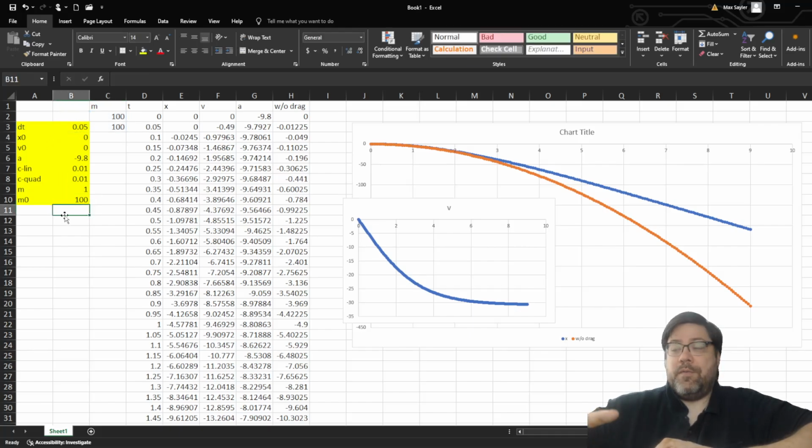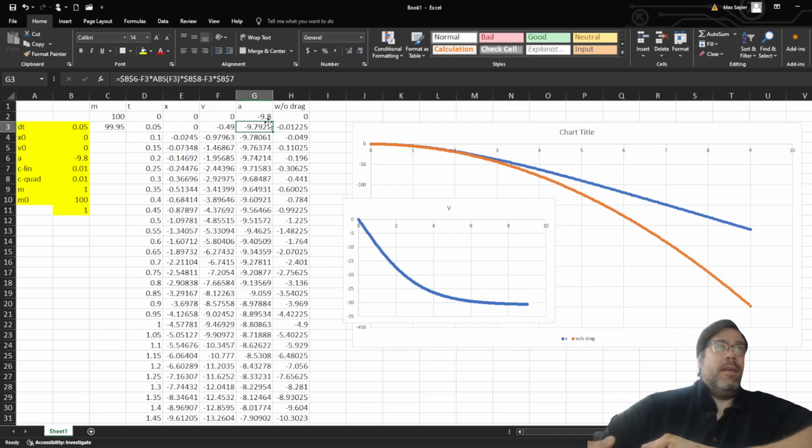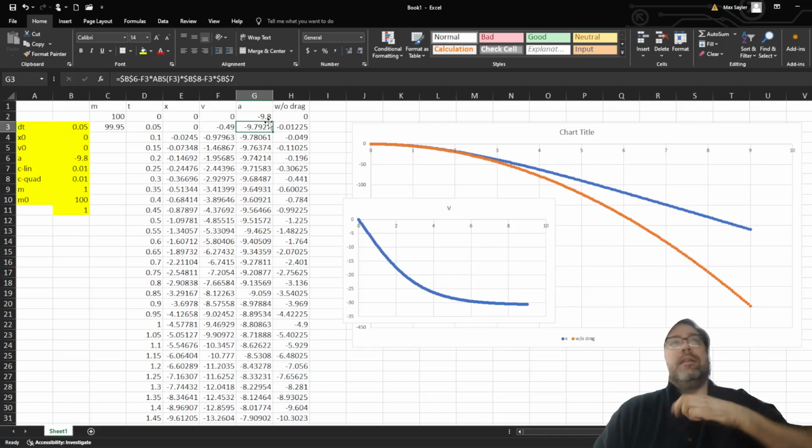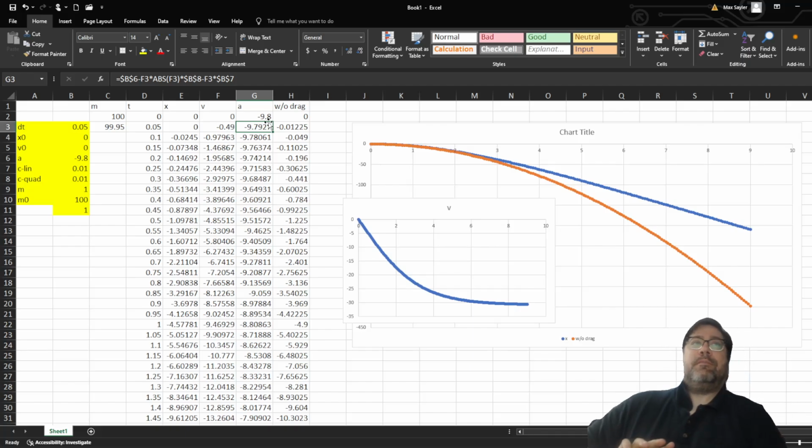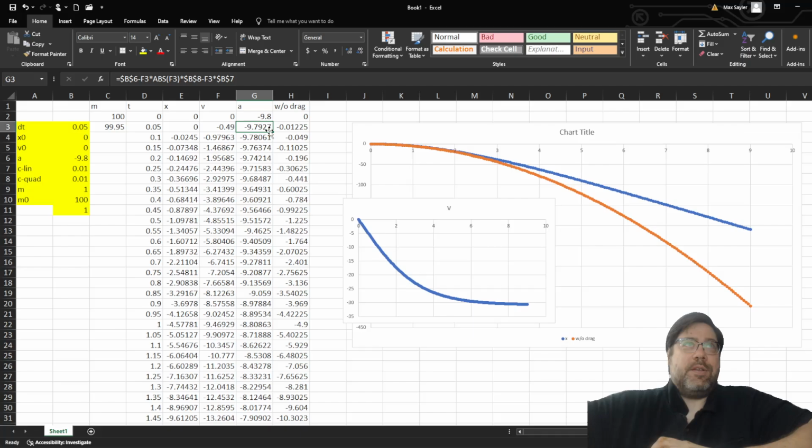So alpha, let's say, loses a kilogram a second. So in that case, the mass would also be changing as a function of time, and then you'd use this mass to determine the acceleration. You'd no longer have 9.8; this 9.8 would depend on the mass you're using. I assumed a mass of 1 to start, but this mass would be changing.